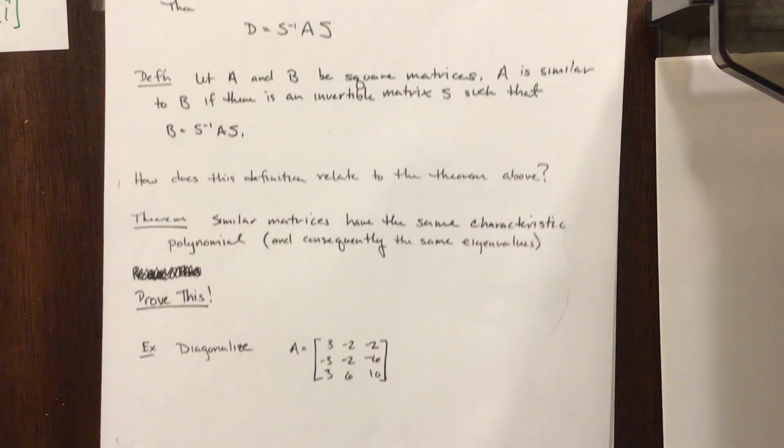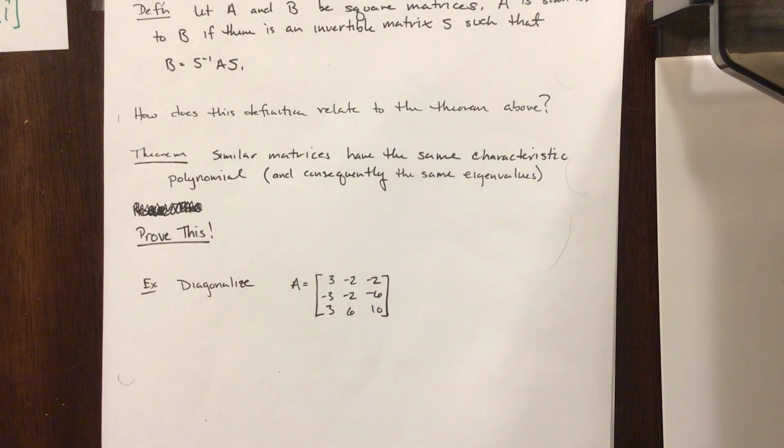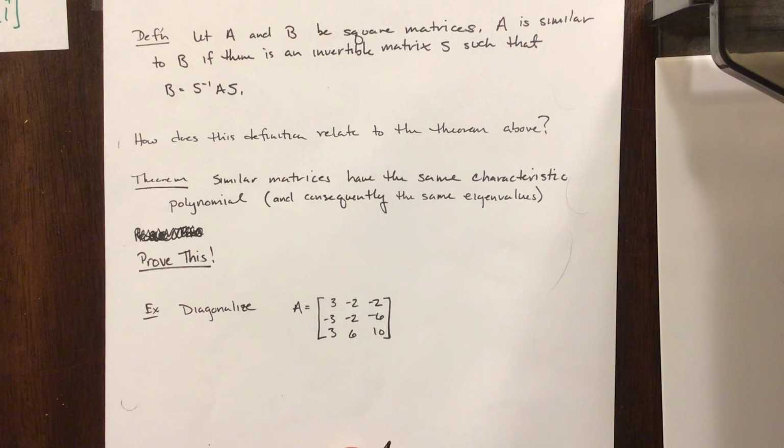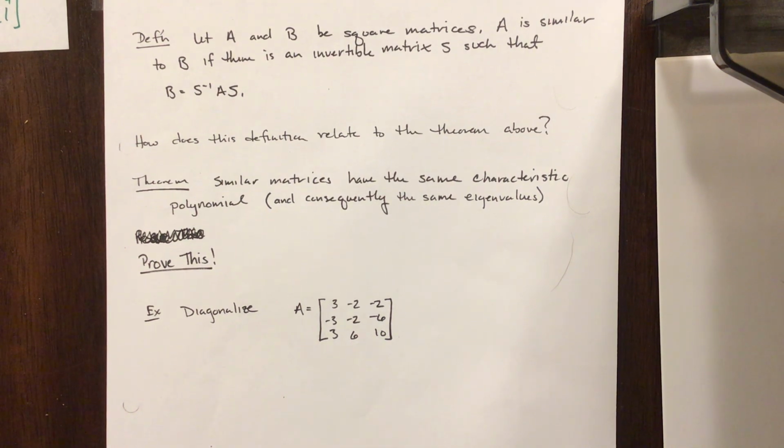Now, I'll offer you another definition. I'm sorry that there are so many terms here, but we have to talk about each one of them. Let A and B be square matrices.